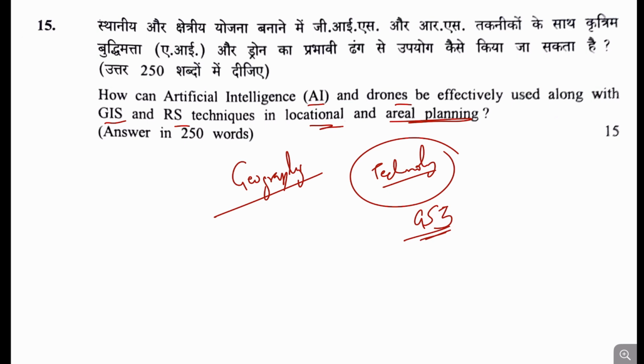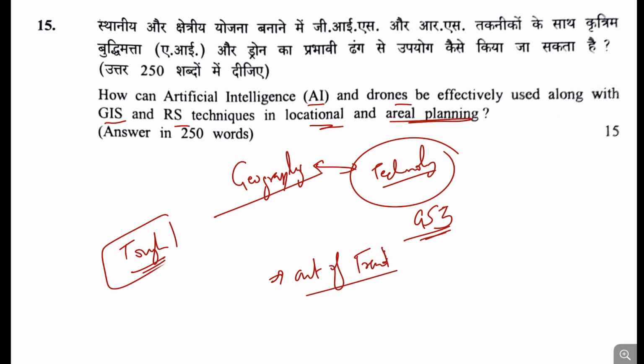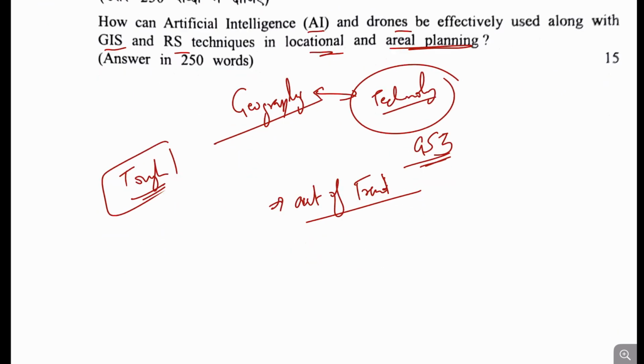But now, as new technologies have been linked with geography, this question becomes fairly tough to manage within the exam, because usually the aspirants are not prepared for this type of question, right? So I will categorize it as tough and out of the trend. So here UPSC is setting a new trend, right? This was the analysis with respect to the 15th question.